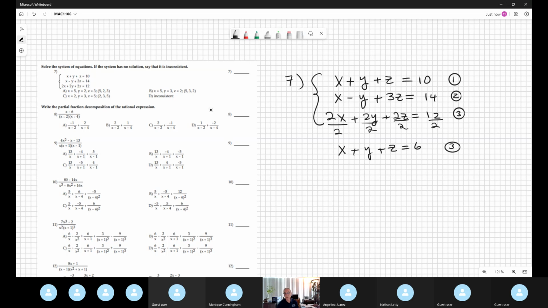You can erase the old equation 3 and keep the new equation 3. If you compare this equation and the first equation, you see a contradiction. Because regardless of the values of x, y, and z, when you add them, they equal 10 or they equal 6. Do you see a contradiction or no?